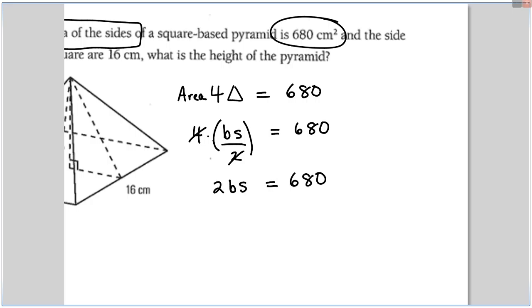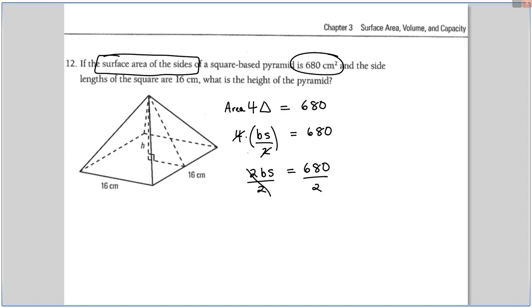What if we divide the 2 onto both sides? And do we know the base? The base is 16. So 16s equals 340, so get rid of that 16. So now what we've done is we've solved for the slant.